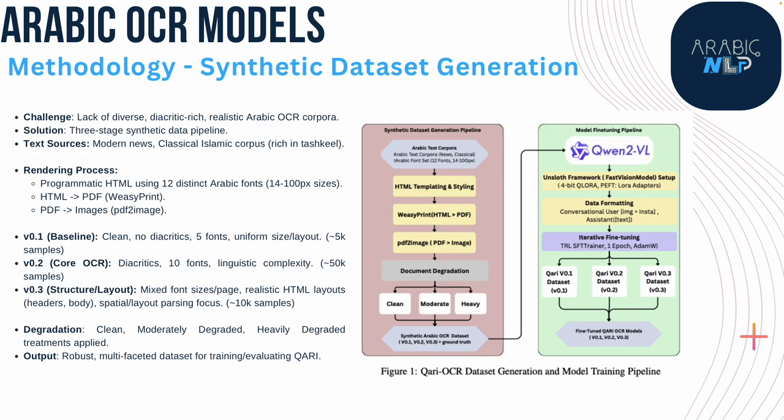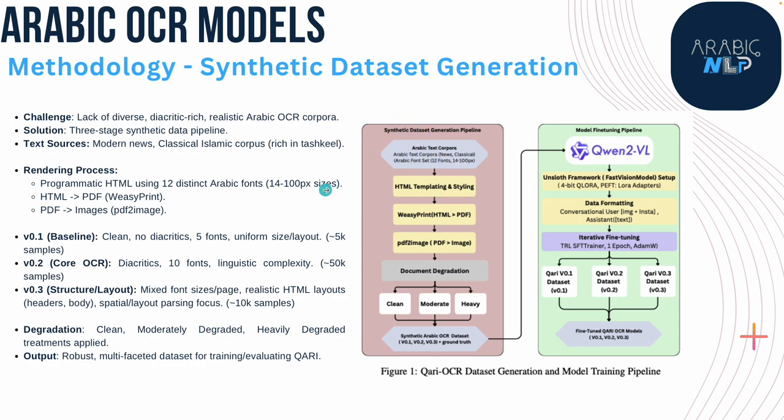Now let's talk about how we train Qari-OCR models using the dataset that we generated. Maybe before talking about the model aspect, we generated the data, so we have this scientific dataset generation pipeline.